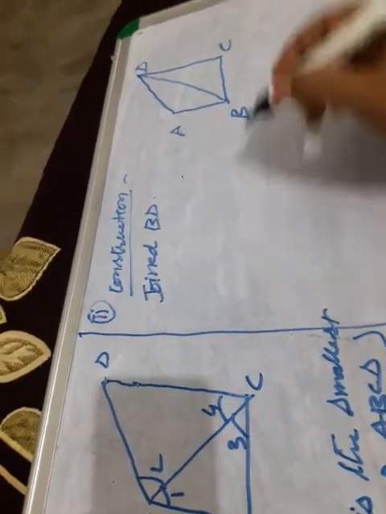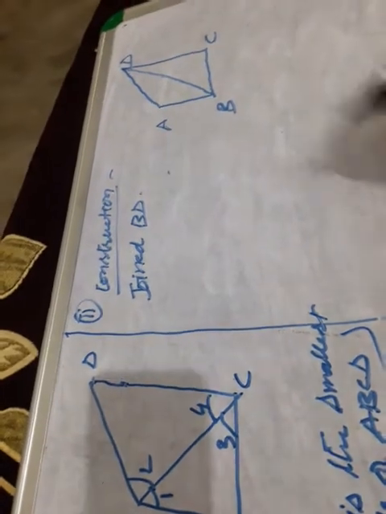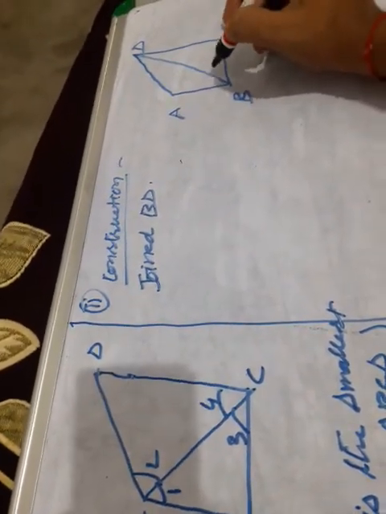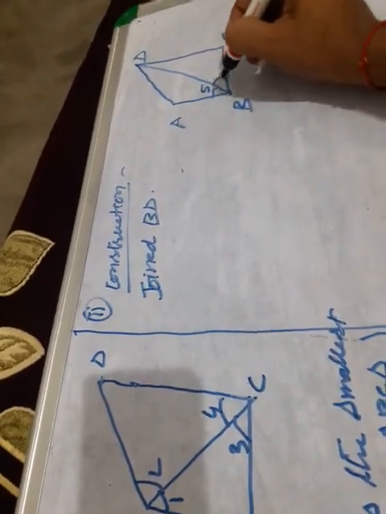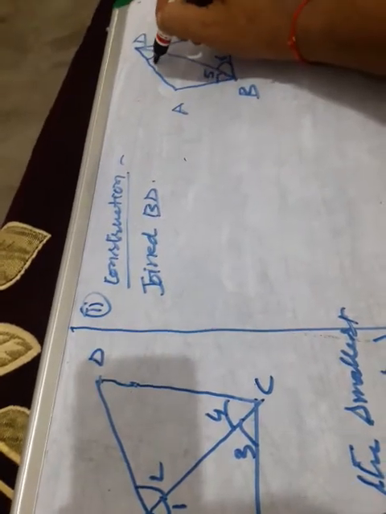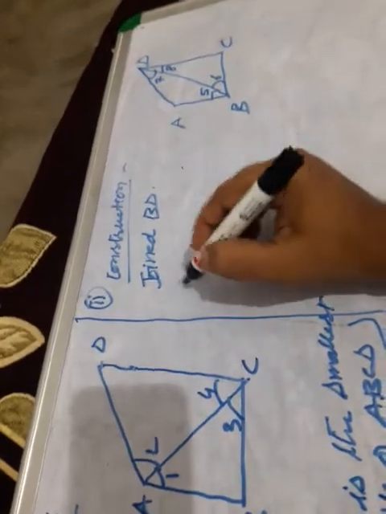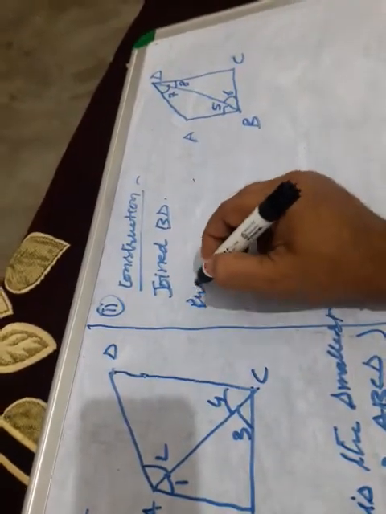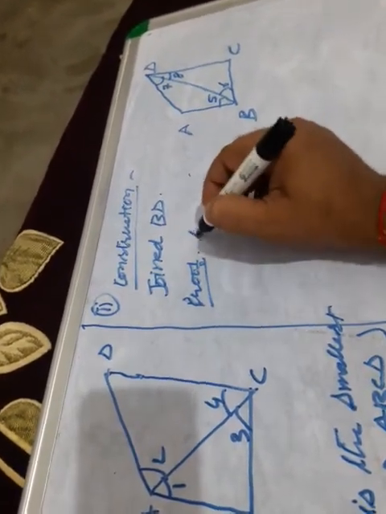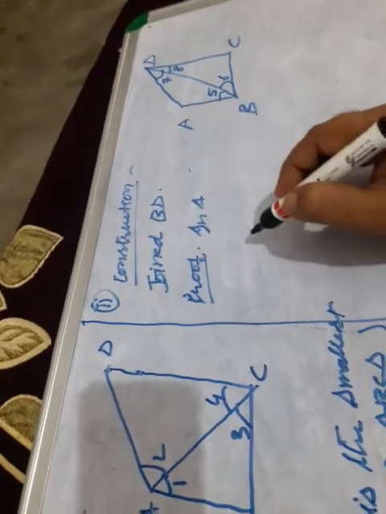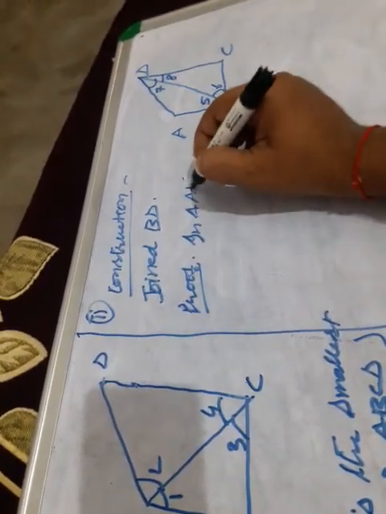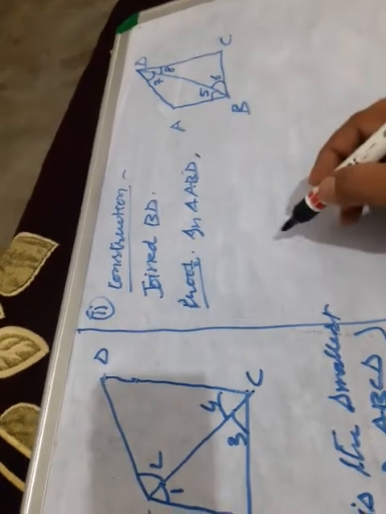Then let these angles be 3, 4, here 5, here 6, here 7 and this is 8. Okay, children. Now start the proof for the second part. In triangle ABD, what do we have?